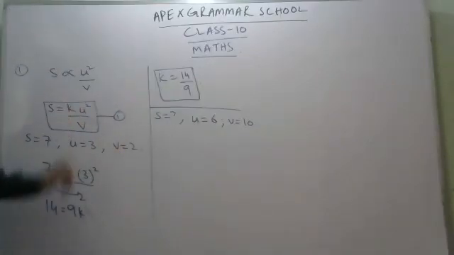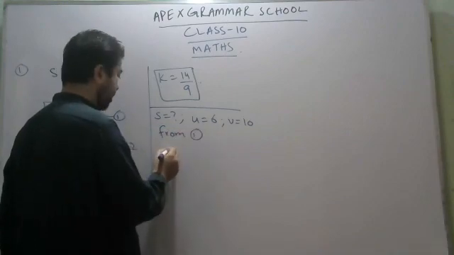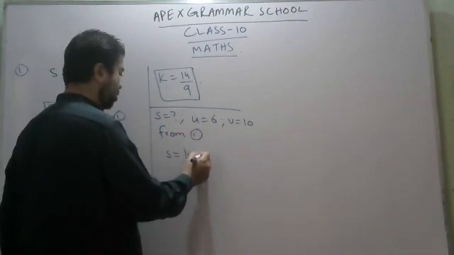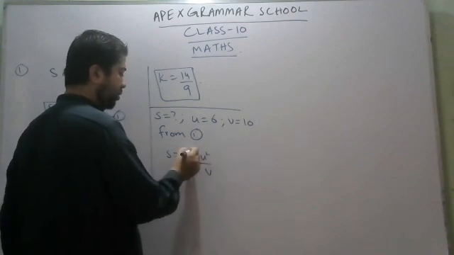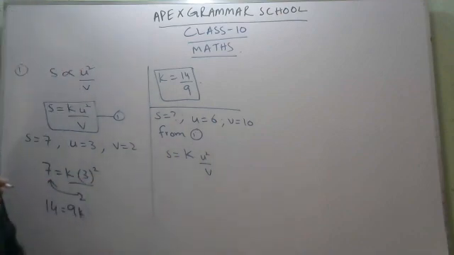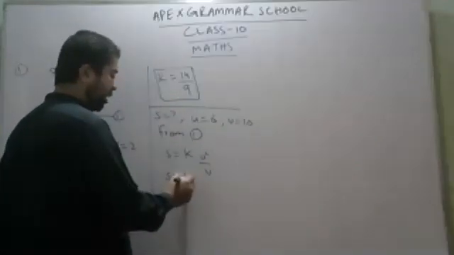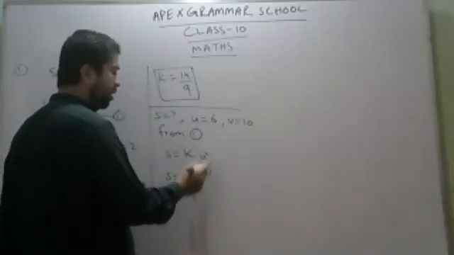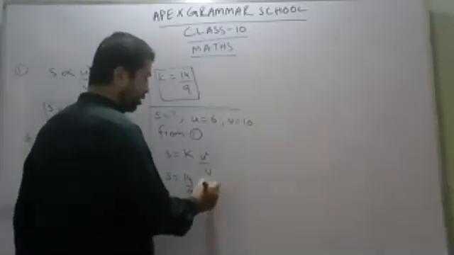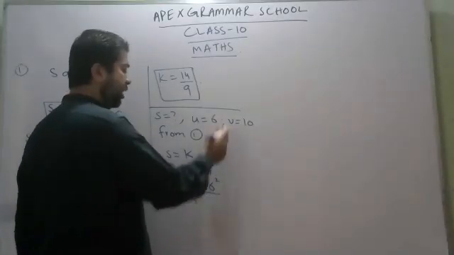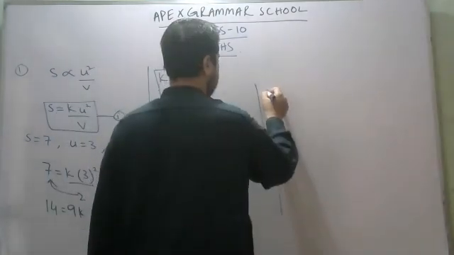So from equation number 1, S is equal to K U square over V. Now you can easily find the value of S. K value is 14 over 9 multiplied by U square. Now this time U's value is 6. So 6 square divided by V, that is 12. Now solve it.